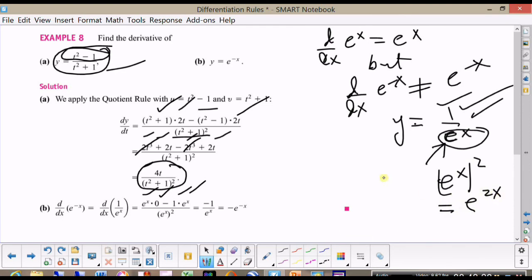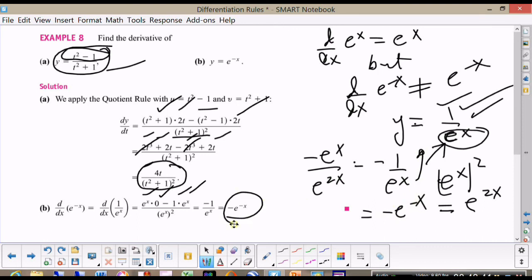Now, that means we've got minus e to the x over e to the 2x, which is equal to minus 1 over e to the x, which we can then bring the e to the x up to the top and get minus e to the minus x. So our result is that the derivative of e to the minus x is minus e to the minus x.